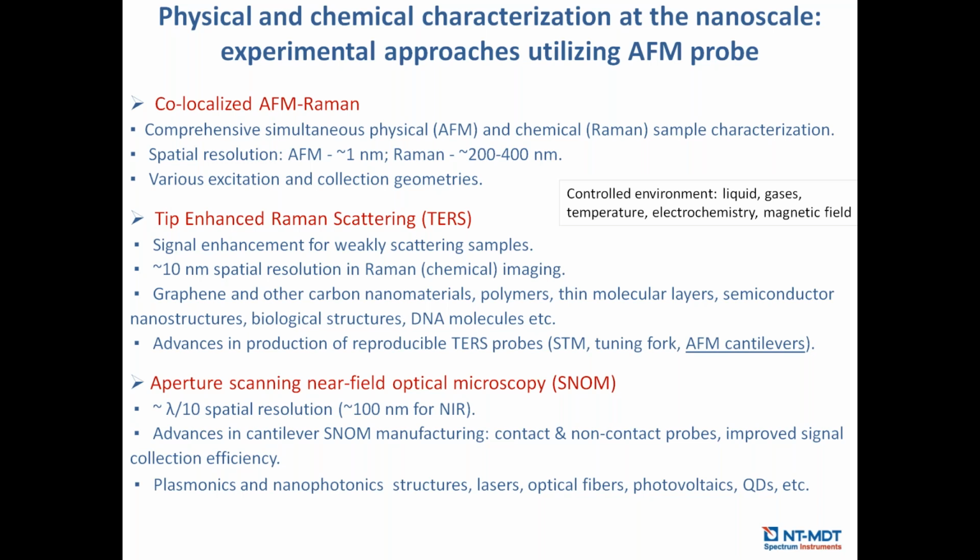By AFM we have resolution down to 10 or even 1 nanometer with special probes, and with Raman mapping we got a resolution of about 200 up to 400 nanometers, depending on the wavelength and the numerical aperture of the objective. Also different excitation geometries can be applied and controlled, and we can do such measurements in different controlled environments, for example in liquid, with heating, and sometimes in an external magnetic field.